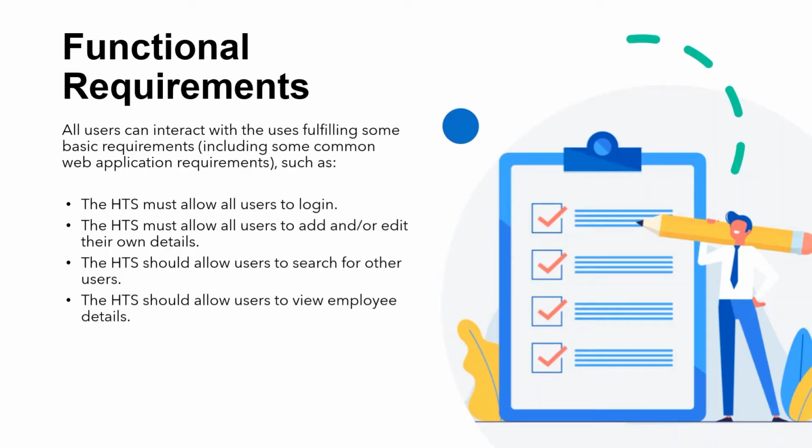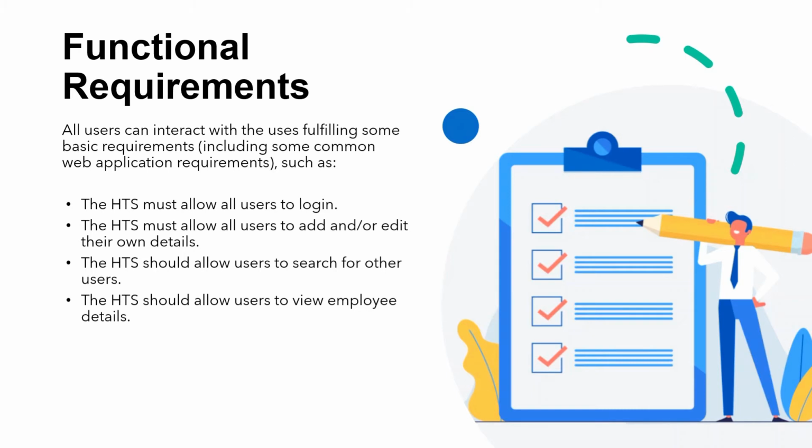Each of our functional requirements aims to fulfill some requirements aimed at the specific user. Some of the key functionalities are aimed at specific users for them to operate the system as intended. In the case of all users, they interact with the system to fulfill some basic requirements, such as: the system must allow all users to log in. The system must allow all users to add or edit their own details.